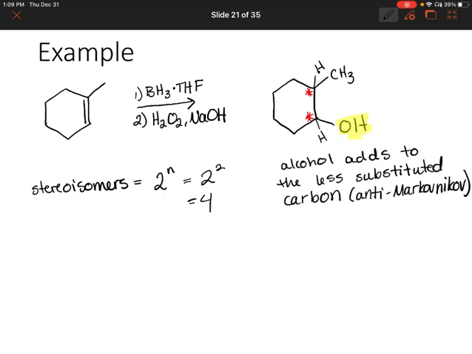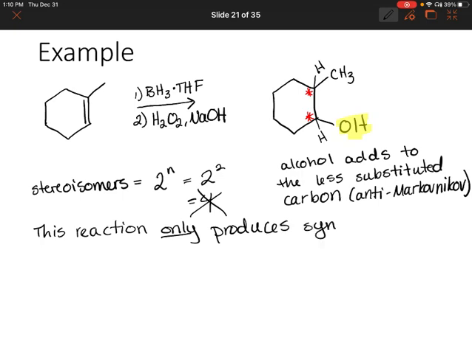However, what's really interesting about this reaction is that we only end up forming the syn addition products. So remember, in a previous video, we talked about anti-addition products. This reaction only produces the syn addition products.